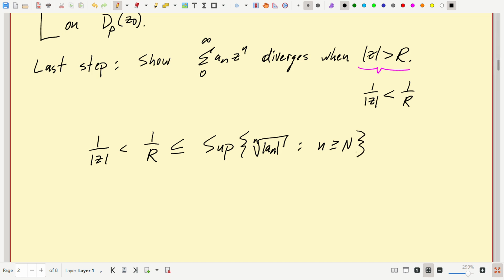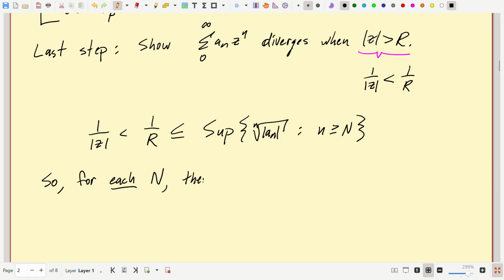Well, that means there's got to be something kind of big in that list of things. That means for each N, because of that inequality, there's got to be something in that set that's bigger than 1 over r, or at least bigger than or equal to.